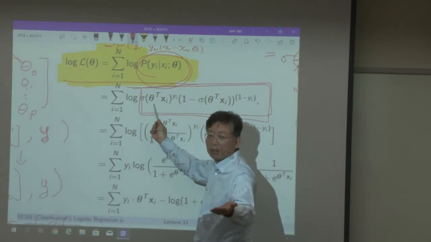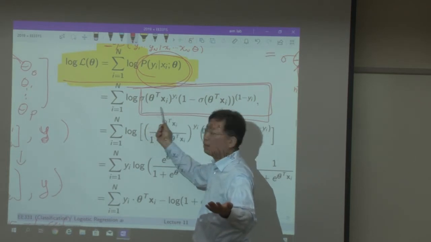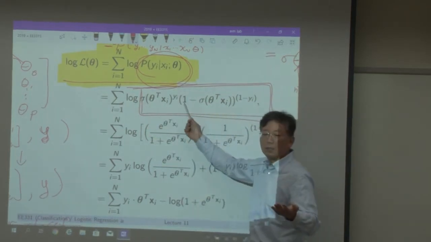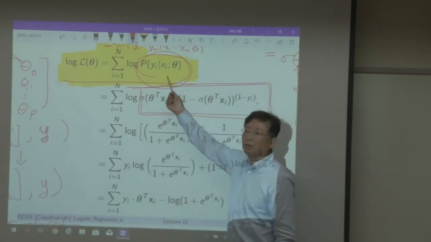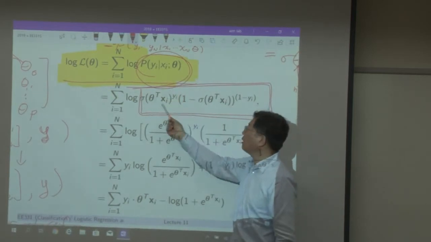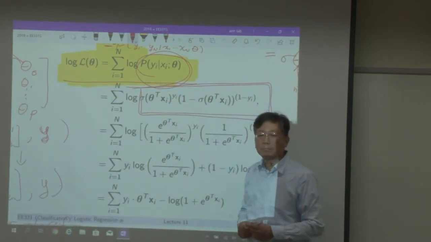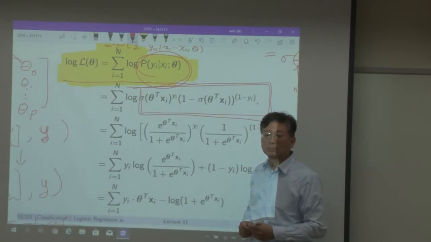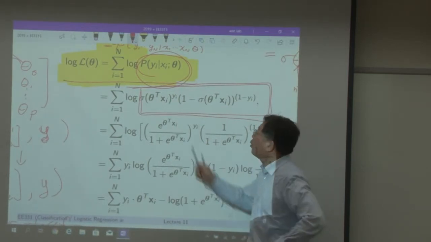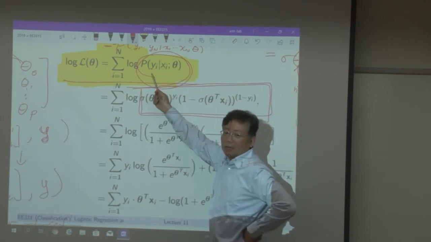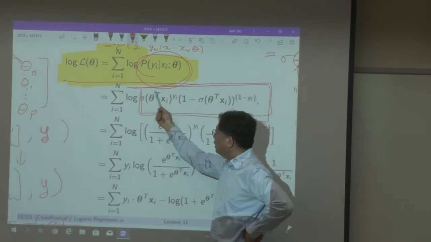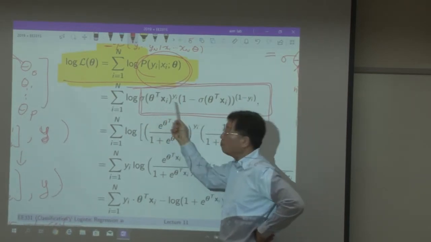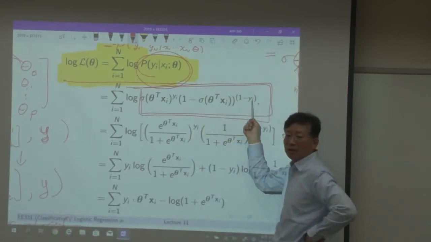When yi is equal to 1, then this one is there, but the other one is 1 minus that.